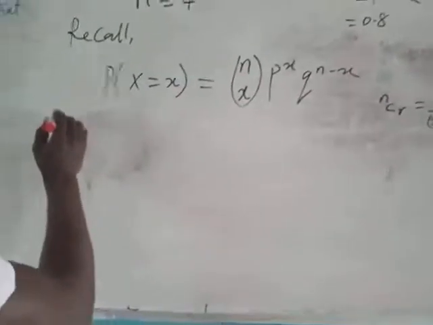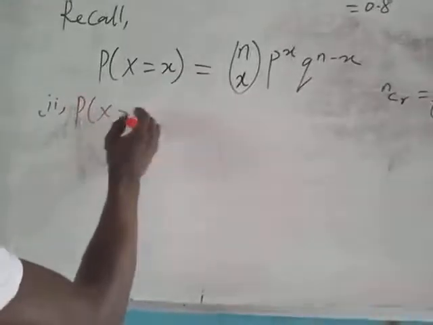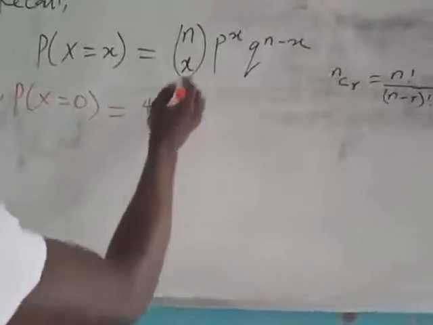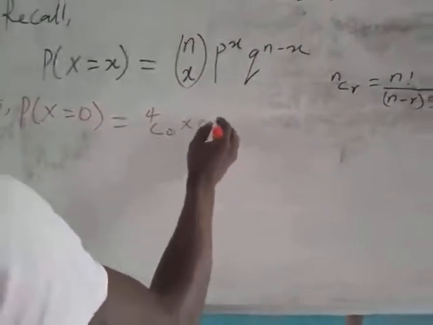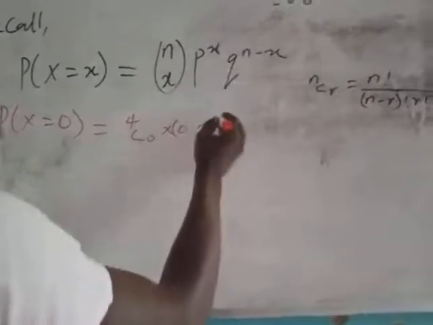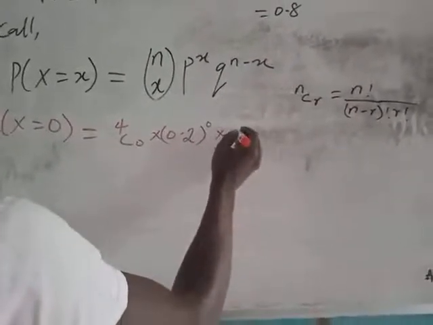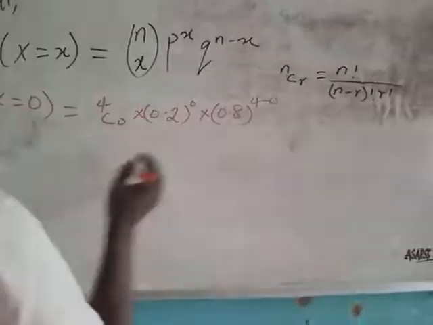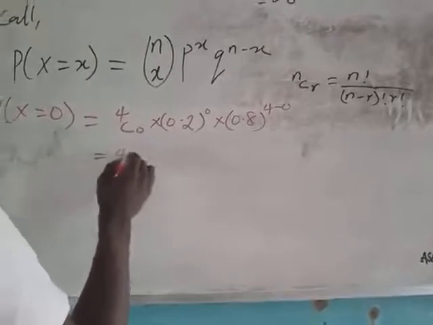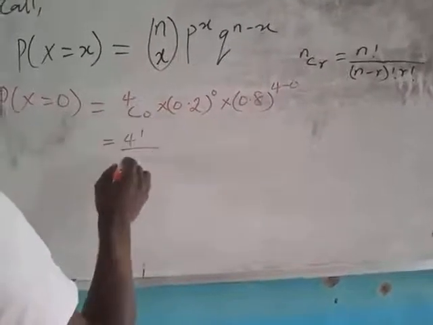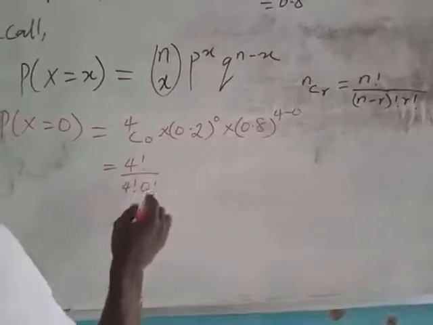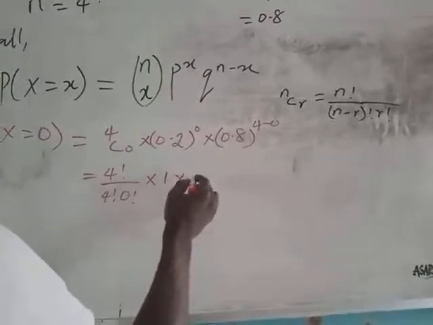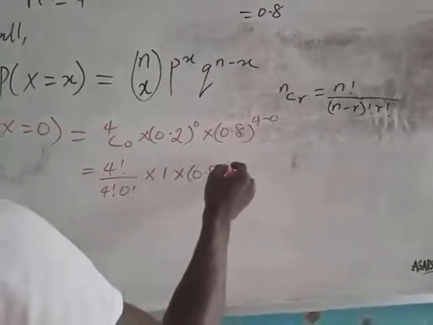We have the probability that x is equal to 0 will be equal to 4 combination 0 times 0.2 all raised to the power of 0, then times 0.8 raised to the power of 4 minus 0. So this one will be 4 factorial over 4 minus 0 factorial, 0 factorial. Then 0.2 raised to the power of 0 is 1, times 0.8 all raised to the power of 4.